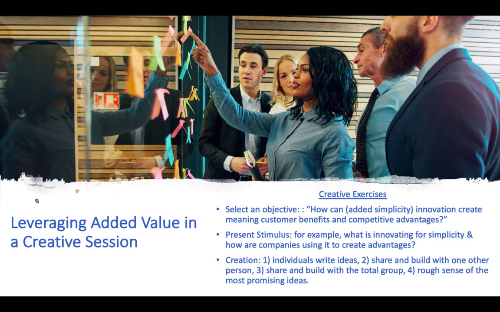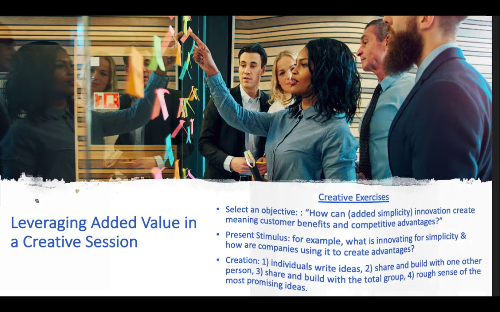And then in a creative session, having exercises like you see on the screen in front of you to develop specific innovative solutions. Lots of good stuff here. This is the path to creating those multiple highly meaningful benefits that add up to being dramatically better.